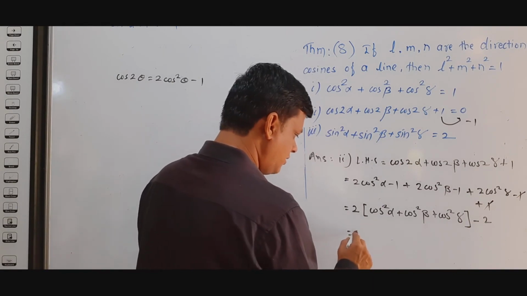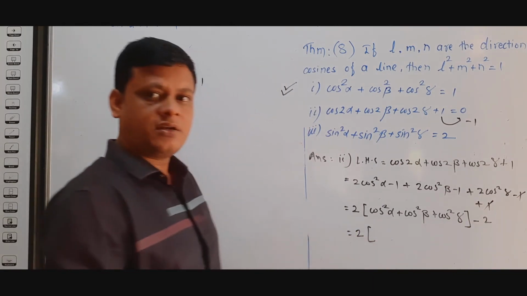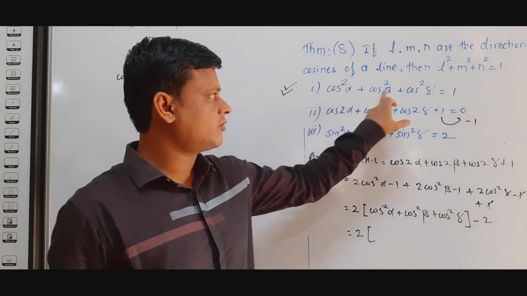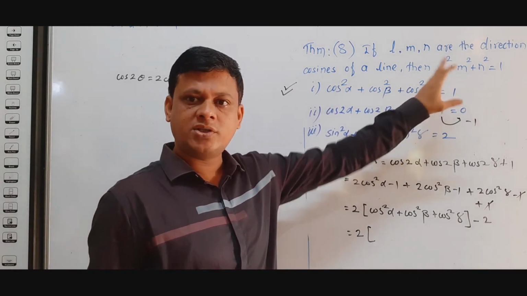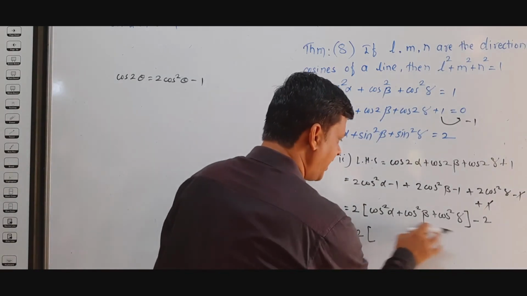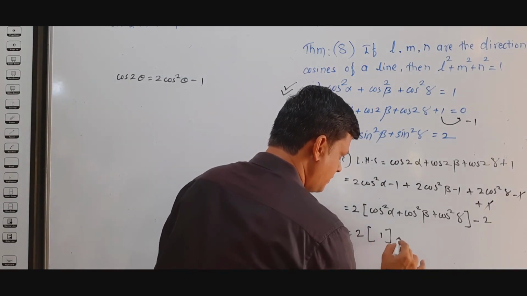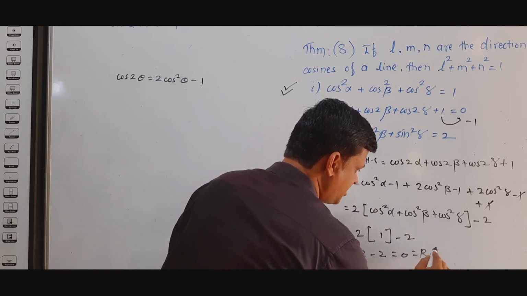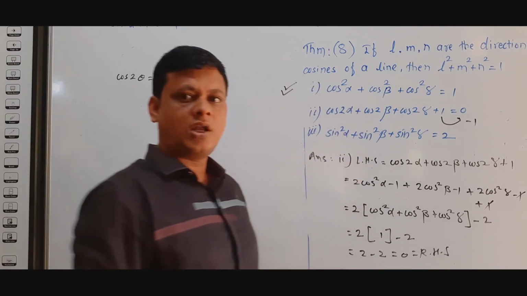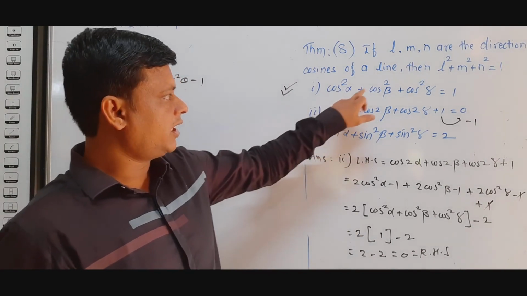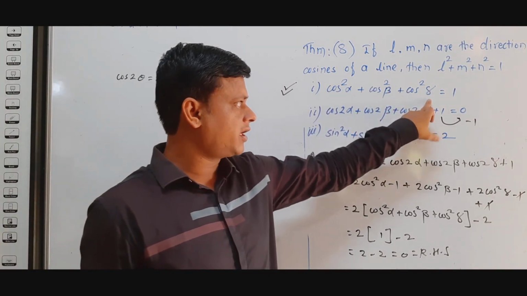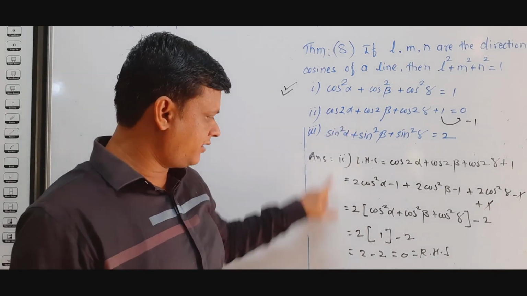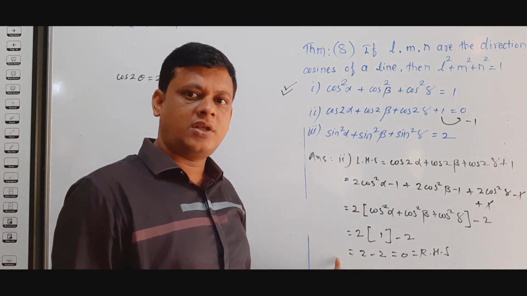So we use here the relation cos square alpha plus cos square beta plus cos square gamma equals to 1. So we replace this bracket by 1. So we get here 2 minus 2 which is equal to 0, which is the RHS. So along with cos square alpha plus cos square beta plus cos square gamma equals to 1, if this question is asked, we have to write the answer in this way.